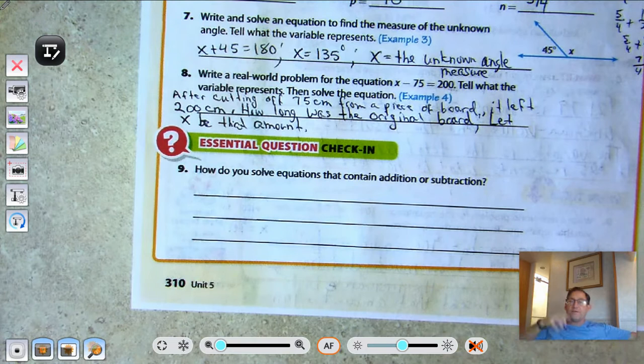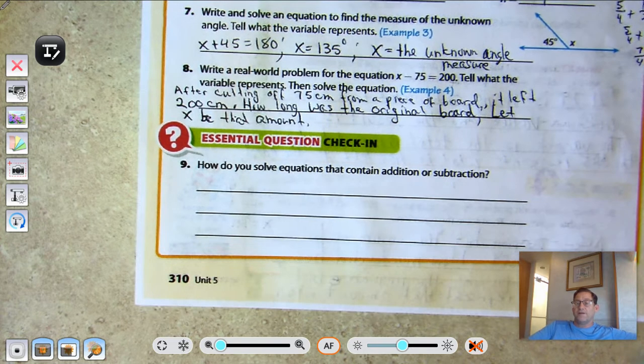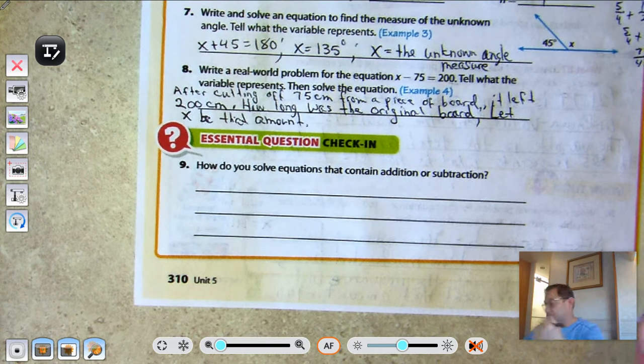All right, so after cutting off 75 centimeters from a piece of board, it left 200 centimeters. How long was the original board? And let's let x be that amount.